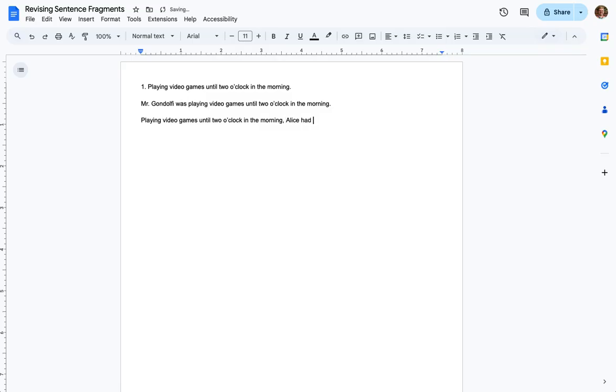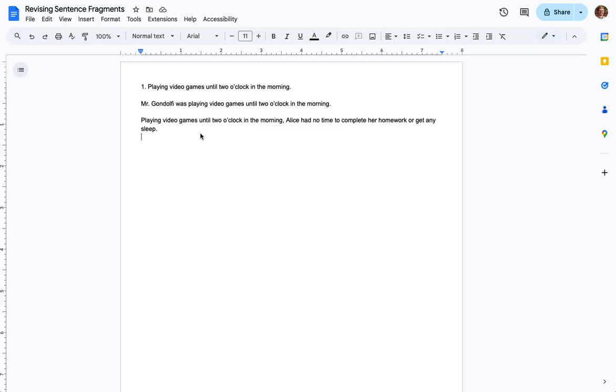Alice had no time to complete her homework or get any sleep. Playing video games until 2 o'clock in the morning, Alice had no time to complete her homework or get any sleep. So you can see we used that sentence fragment as an introductory phrase and then wrote an independent clause at the end of it.